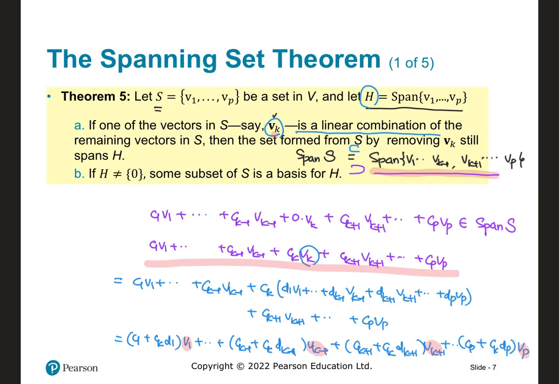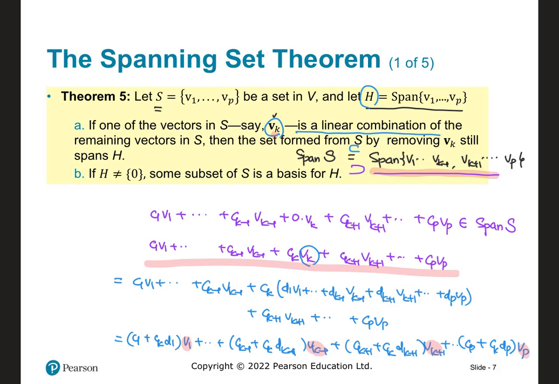Now I can repeat that procedure until I have only linearly independent vectors. Right? At some point, the remaining vectors will be linearly independent.